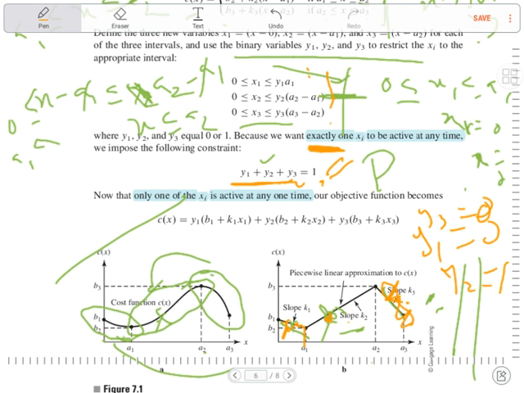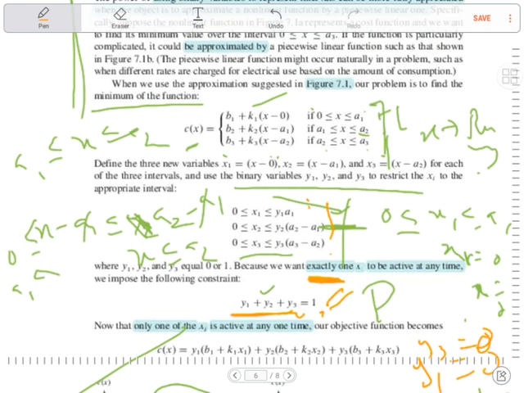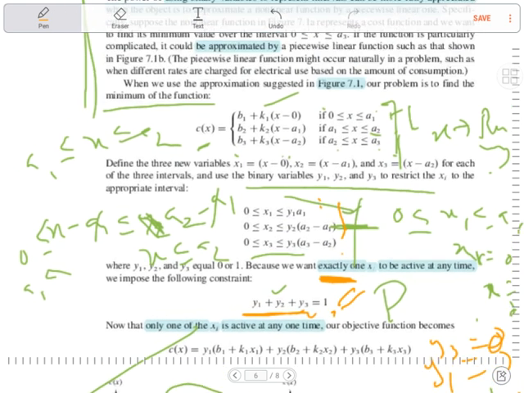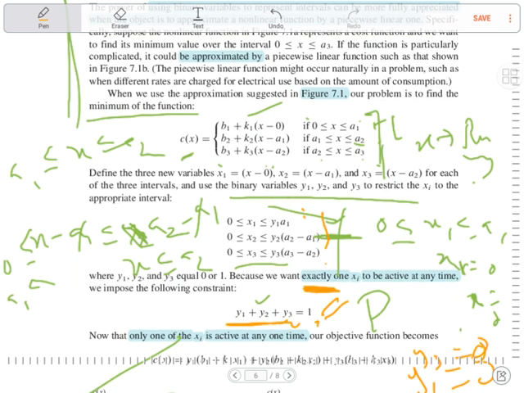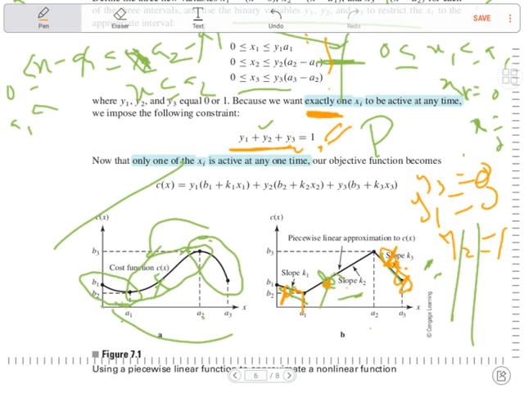Now that only one of the yi is active at any one time, our objective function becomes again cx. The function which was to be minimized was their objective function. Before, we had to write the objective function as a piecewise function because this was the main problem given, but as I said, for the non-linear we approximate by a linear problem.